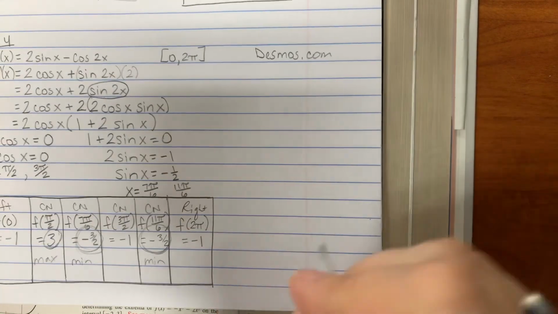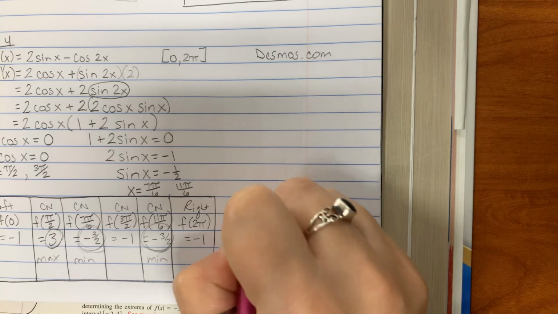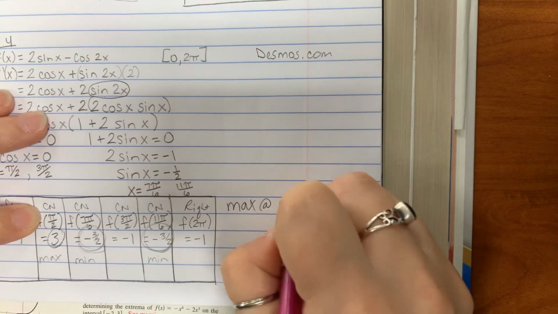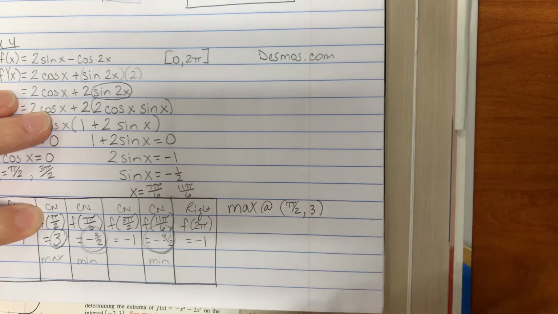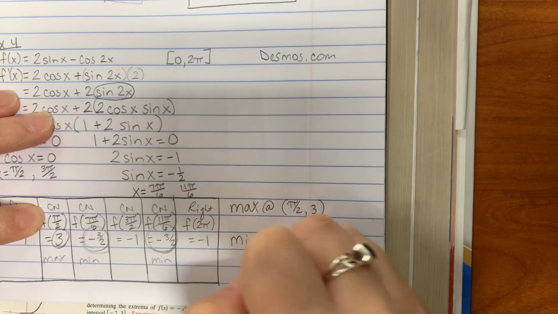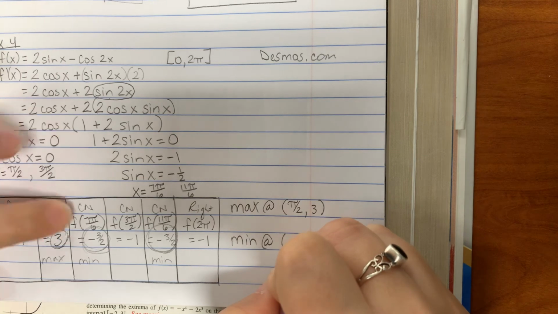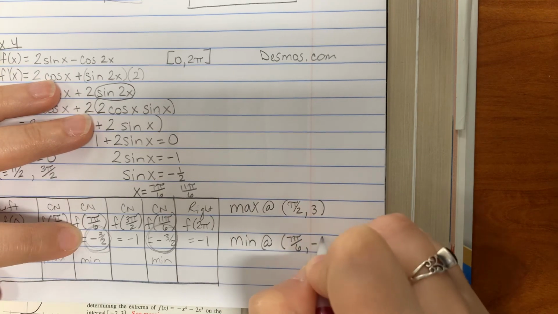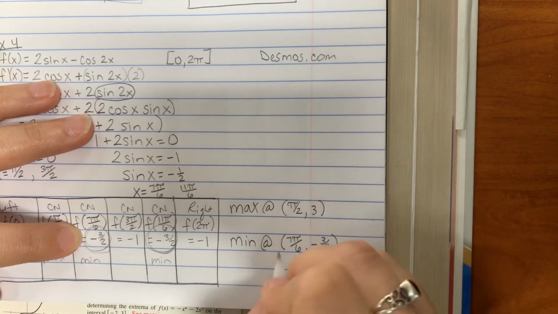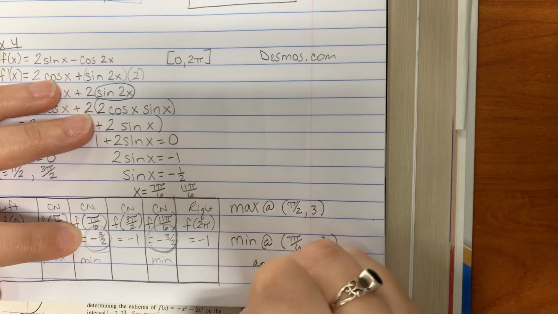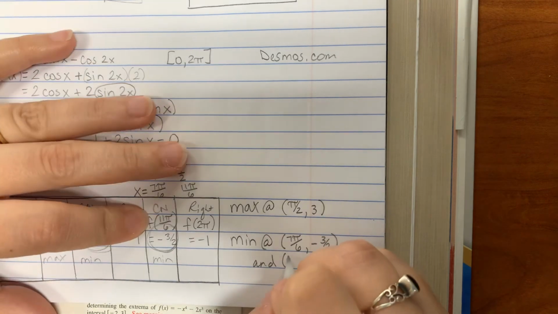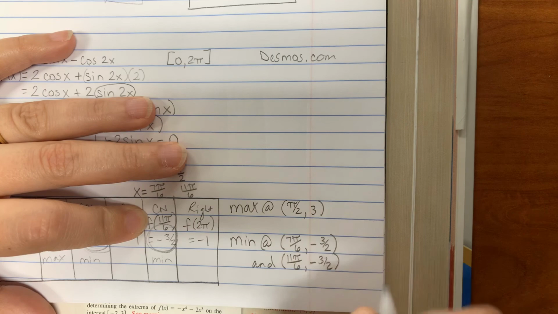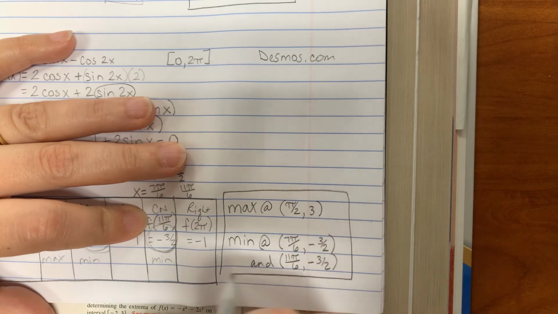So I have a maximum at pi over 2, 3, and I have minimums at 2 different points. One is 7 pi over 6, -3 over 2, and my other one, 11 pi over 6, -3 over 2. So those are my answers in this one.